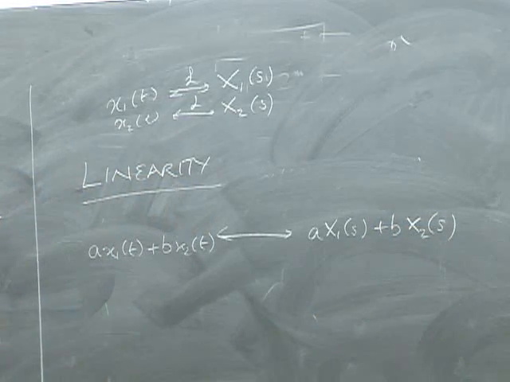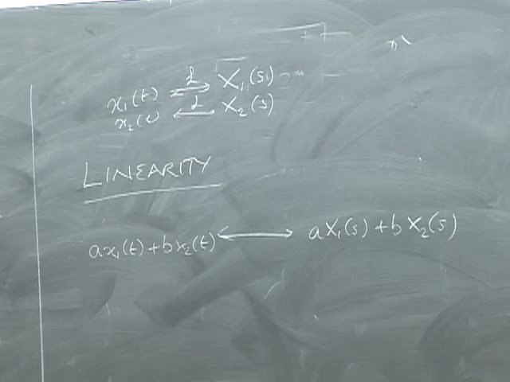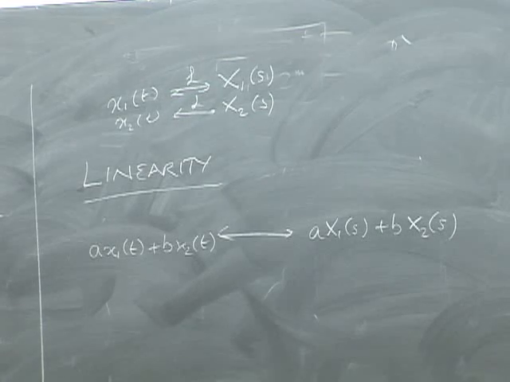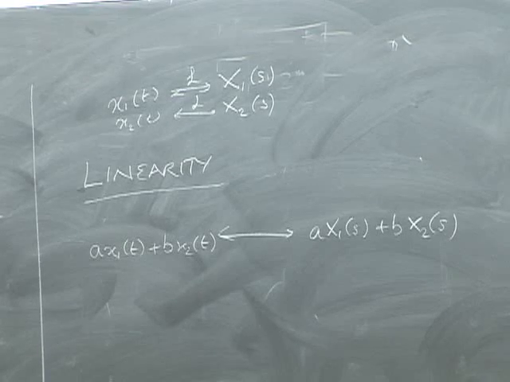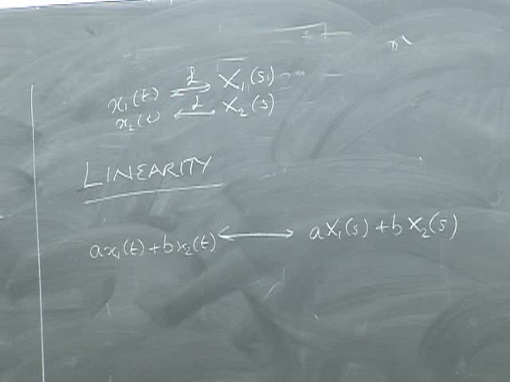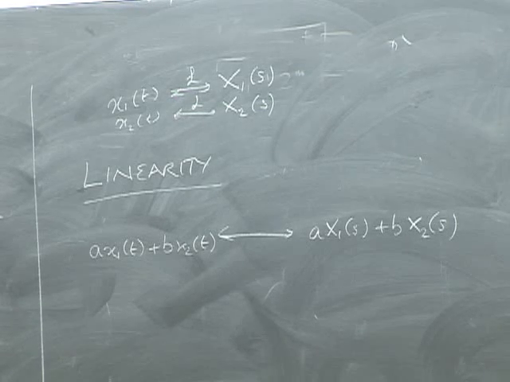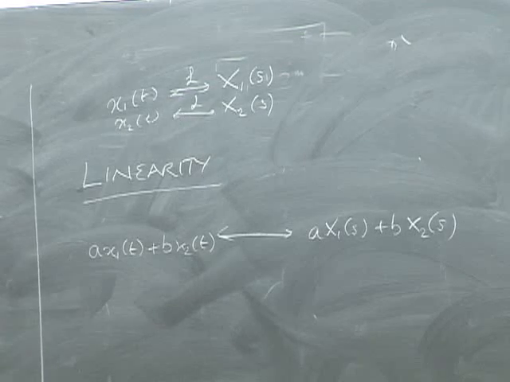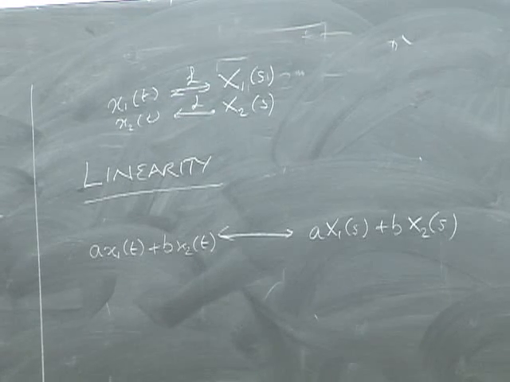And this follows directly from the definition, because just like the Fourier transform, if you have a constant a, you can pull it out, and the integrals sum up, right? So it's straightforward. Any questions about that? That's a very nice property of Laplace, which means that when we do an example of solving a system using Laplace, we can look at each term and do the inverse transform one by one, because of the linearity property.